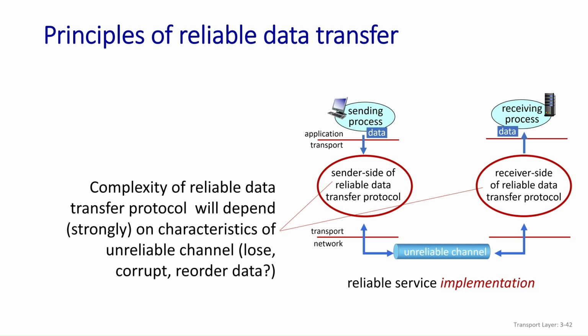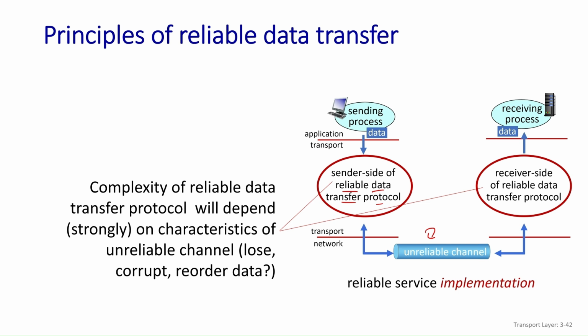Okay, the complexity of the reliable data transfer protocol depends upon the challenges posed by the unreliable channel, or the characteristics of the unreliable channel. If the unreliable channel is only flipping bits, for example, this is one challenge.